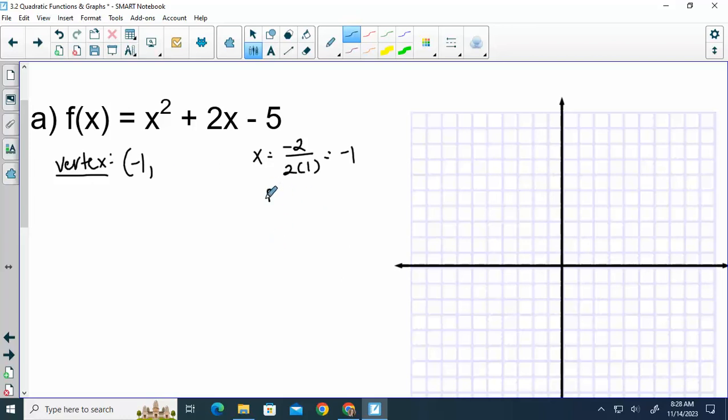To get y, we plug that in. So 1 minus 2 minus 5 is -6. So vertex, -1, -6. Questions on that?